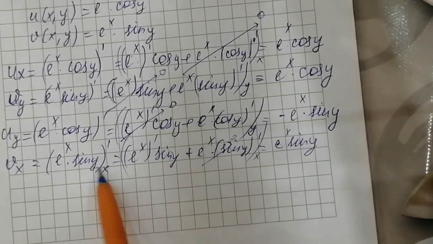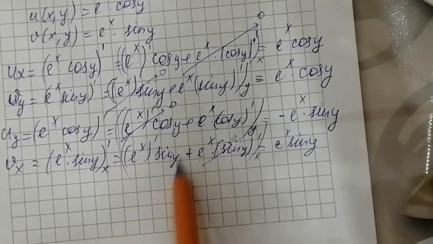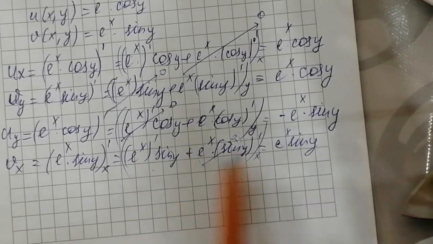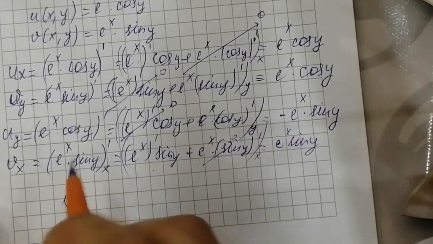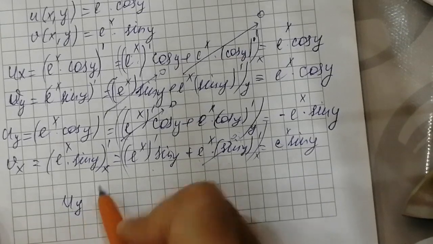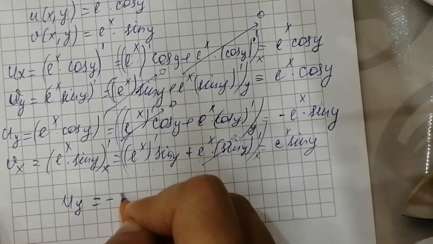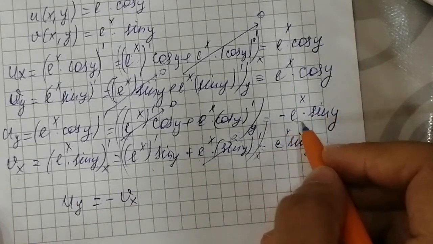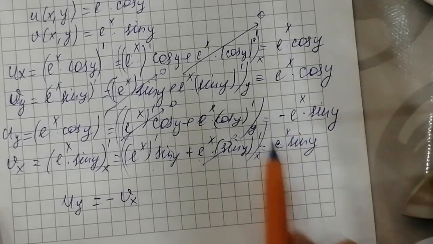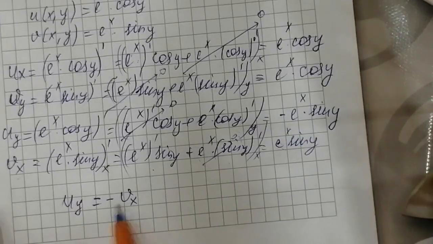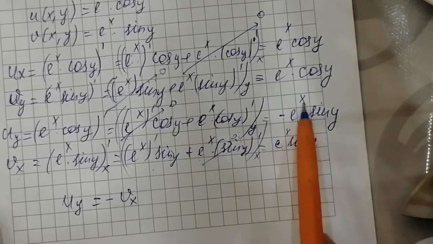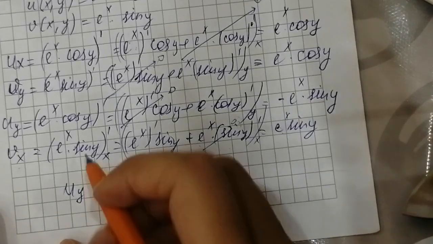So only this part remains, exponential x times sine y. It is clear that the derivative of function u with respect to y is equal to negative derivative of function v with respect to x. If you multiply this by negative, it is going to be negative exponential x times sine y.